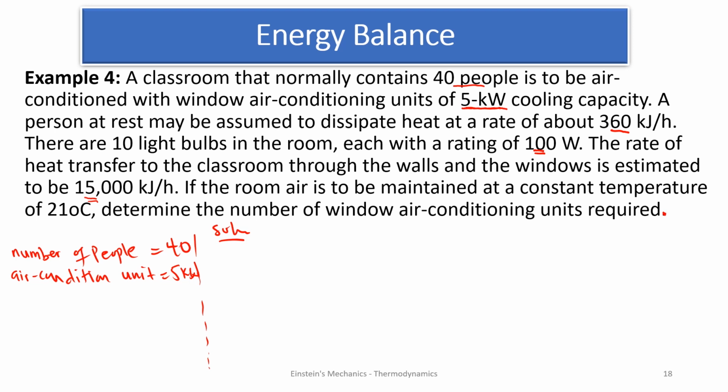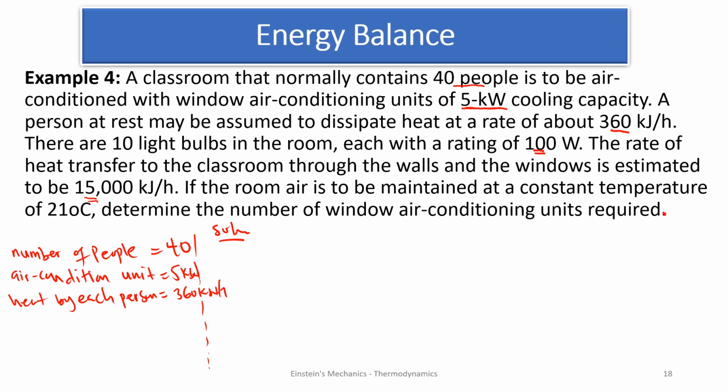But again, we also have heat by each person. So heat by each person is giving us 360 kilojoule. Check the unit, per hour. Are we good? We can also know that the rating of the bulb is giving us 100 watts. So each person is dissipating 360 kilojoule per hour.